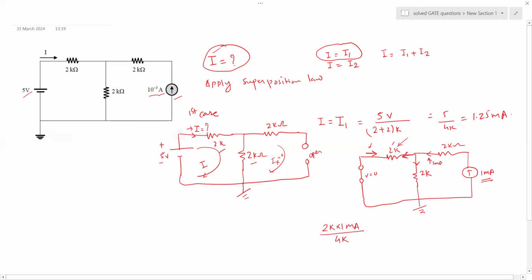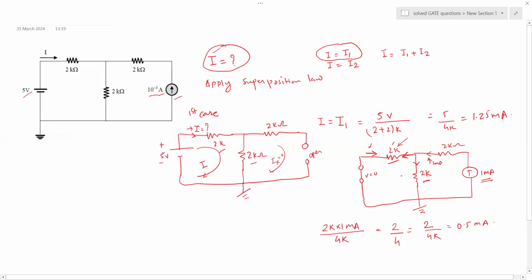That is simple current division law. That comes out to be 2 divided by 4, which is 0.5 milliampere.